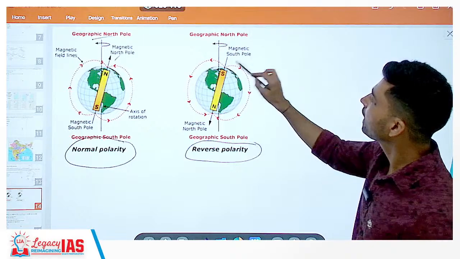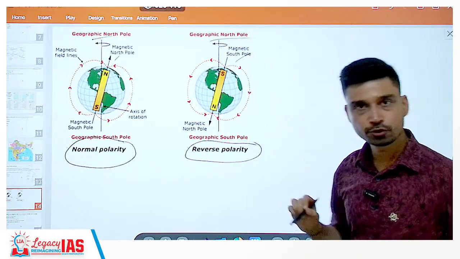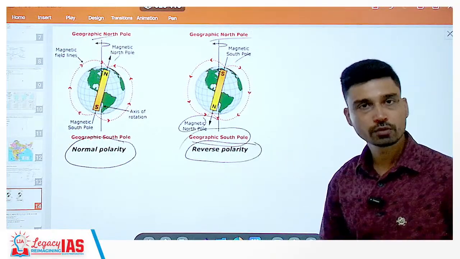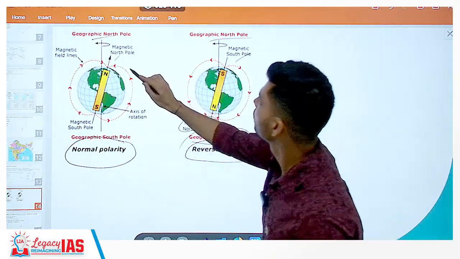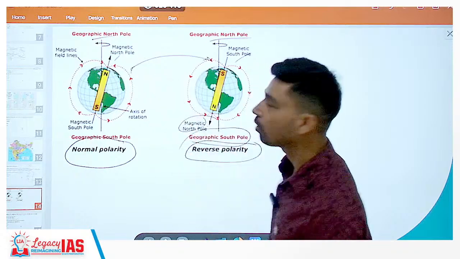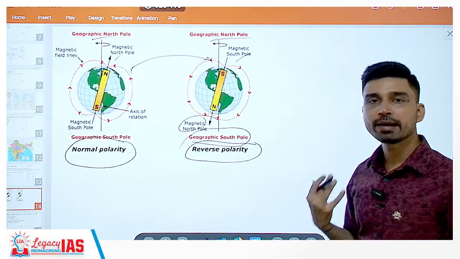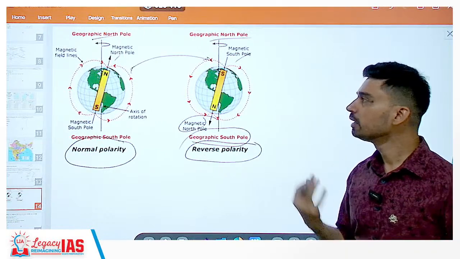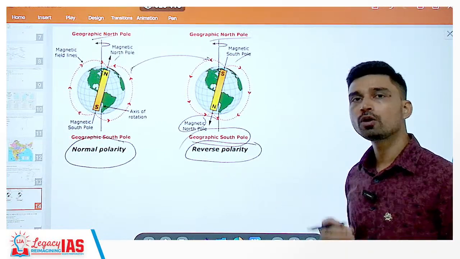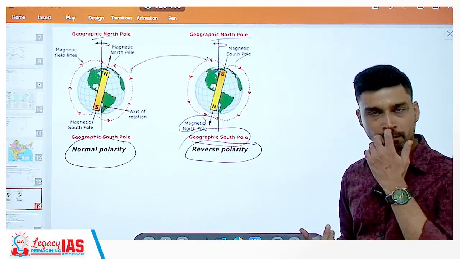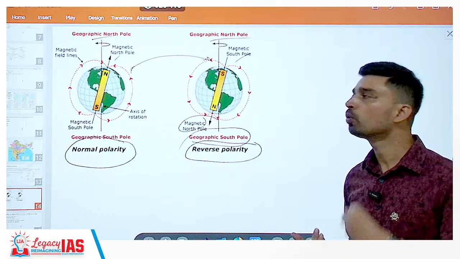Simply because the magnetic South Pole is now oriented toward the geographical North Pole and the magnetic North Pole is oriented toward the geographical South Pole. This change that happens is called pole reversal. Why exactly it happens, and what mechanism drives this reversal, is yet to be understood. We do not know this. We have very limited information about what is going on below the earth's surface, especially around the core and mantle region.